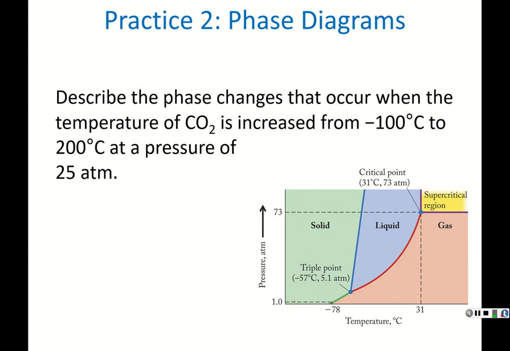So let's just estimate that. Let's just say negative 200 is like right here. Let's call that negative 200. So that's the temperature, and the pressure was 25 atmospheres. So that's 75, 25, let's say that's about here. So this is where we're starting.